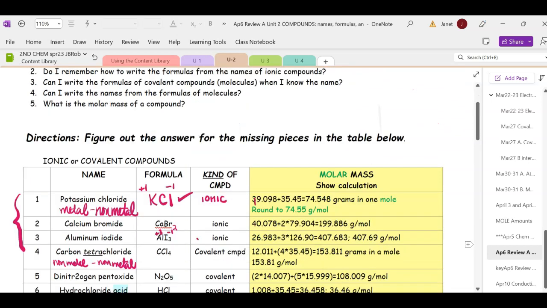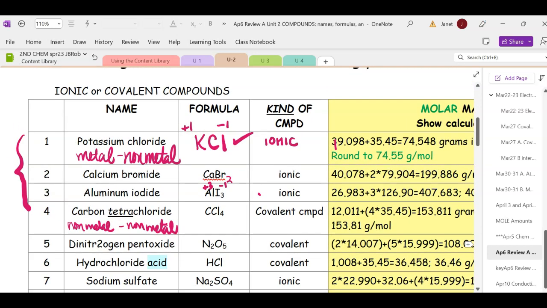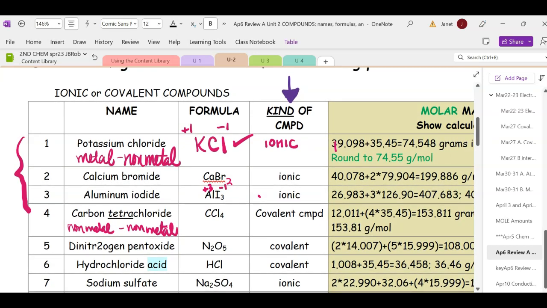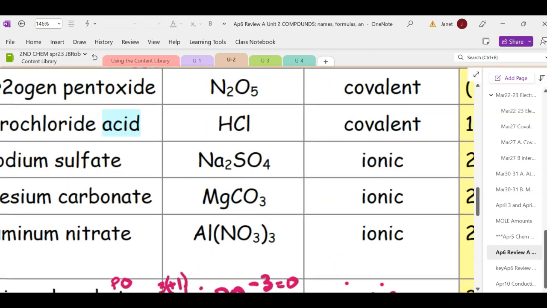All right, so the big thing here is that you had to recognize whether a compound was ionic or covalent. That's what this part was about, because the naming is different. So if something has a metal in it, then we know it's ionic. So let's go look. Aluminum, carbon's not a metal, nitrogen's not a metal, hydrogen's not a metal, but sodium is, magnesium is, aluminum is.